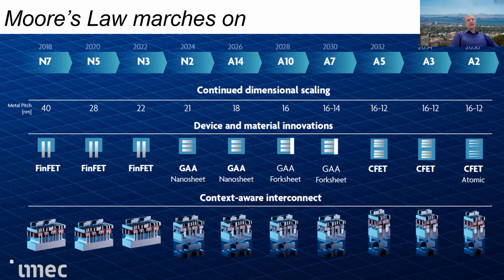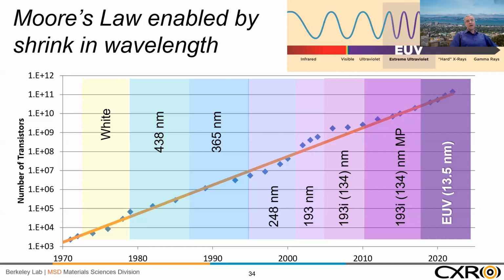So on the next slide, you can see how we've done this scaling. When you write computer chips, we are basically doing printing with light, and how small a feature you can print on the computer chip is proportional to the wavelength of light that you use.